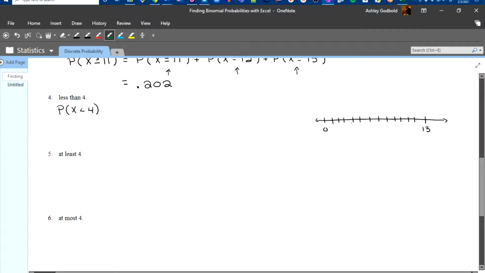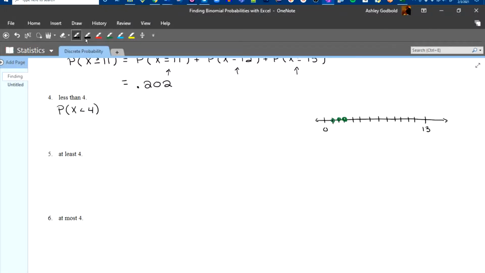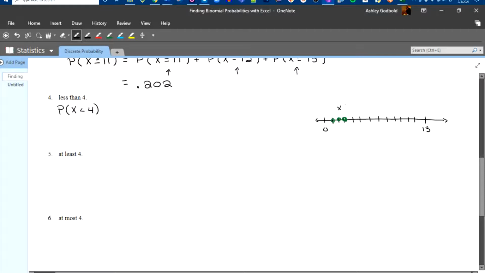X less than 4 would not include 4, but it would include 0, 1, 2, and 3. This is x less than 4. Therefore, this can be rewritten as the probability of x less than or equal to 3.